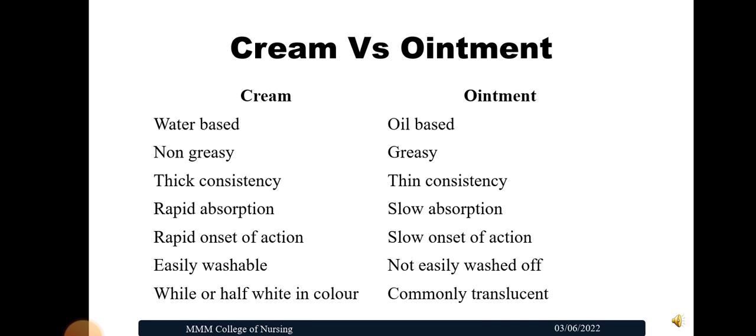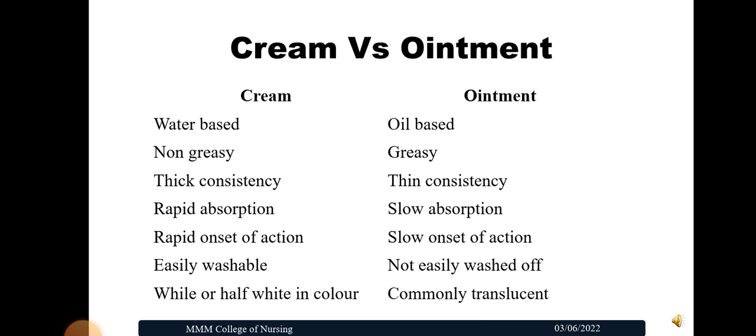There are some differences between cream and ointment. Cream is a water-based preparation, but ointment is an oil-based one. Cream is usually non-greasy in nature, but ointments are greasy in nature. The consistency of cream is thin, but ointment is thick.